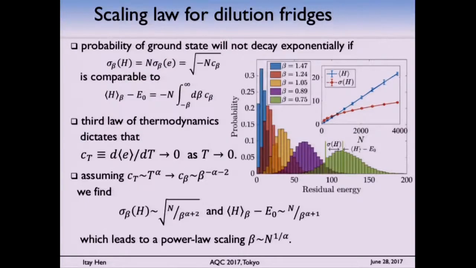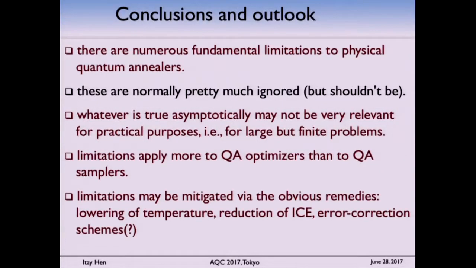Okay, I was really optimistic there. I'm going to just conclude. So there are numerous fundamental limitations to physical quantum annealers. I think they are normally pretty much ignored, but they really shouldn't be. And again, while the treatment is asymptotic, it may not mean all that much for finite size problems, which may be of interest to the non-scientists among us.